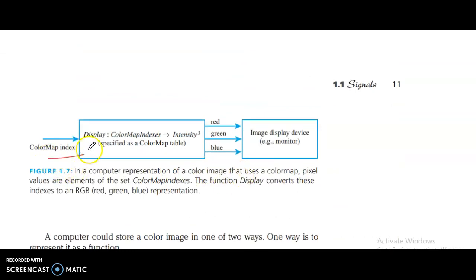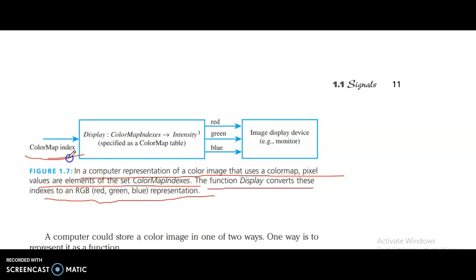Color map index: in a computer representation of a color image that uses a color map, pixel values are elements of the set of color map indexes. The function display converts these indexes to an RGB, red, green, blue, representation. Color map index display to intensity specified as a color map table, red, green, blue. Image display device, monitor.